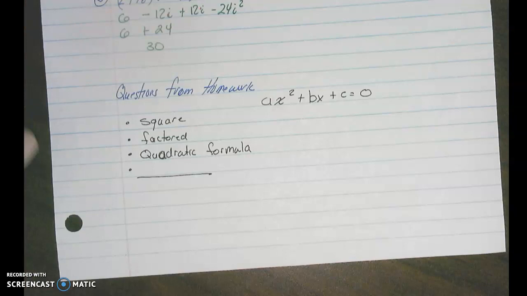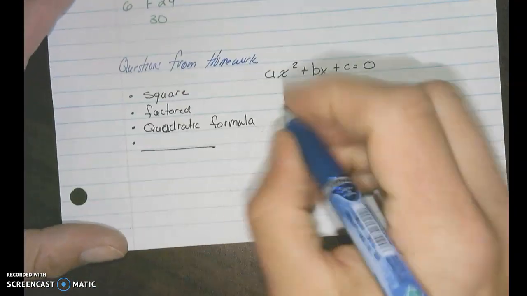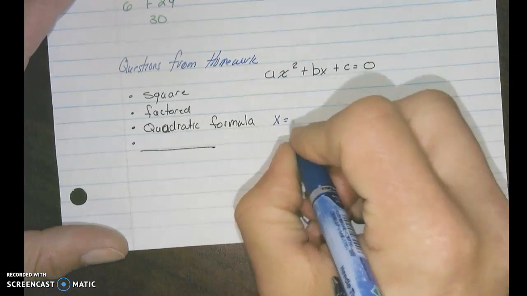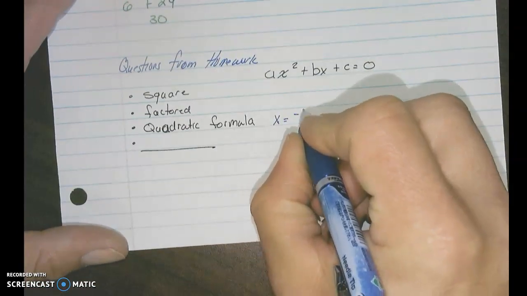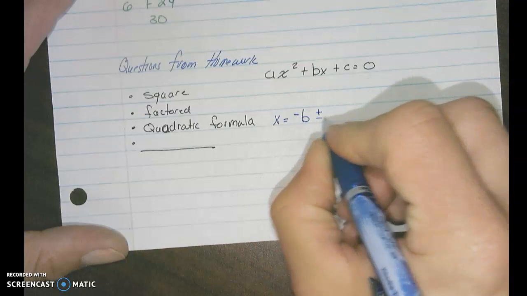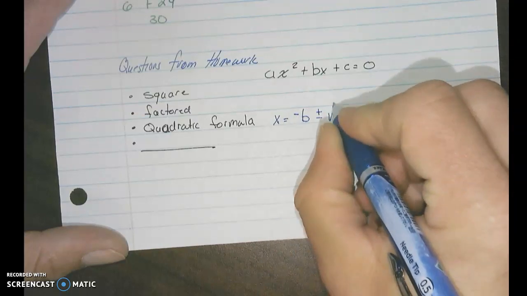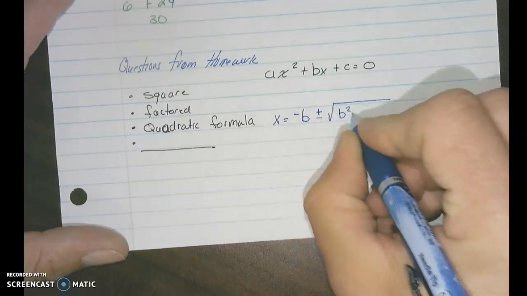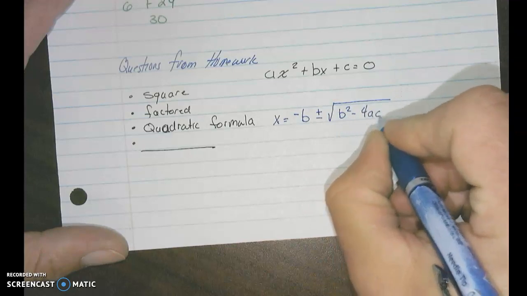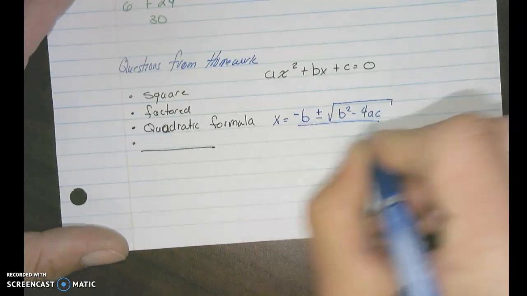So the quadratic formula is x equals negative b plus or minus the square root of b squared minus 4ac, all over 2a.